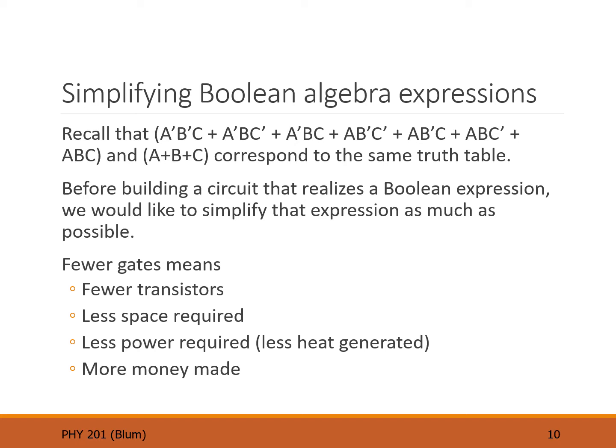And so we see that the expressions are logically equivalent, the same inputs produce the same outputs, but one is clearly much simpler looking. It will also be simpler in terms of gates, and when actually building it, it's going to involve fewer transistors and take up less space and use less power and just generally save money.